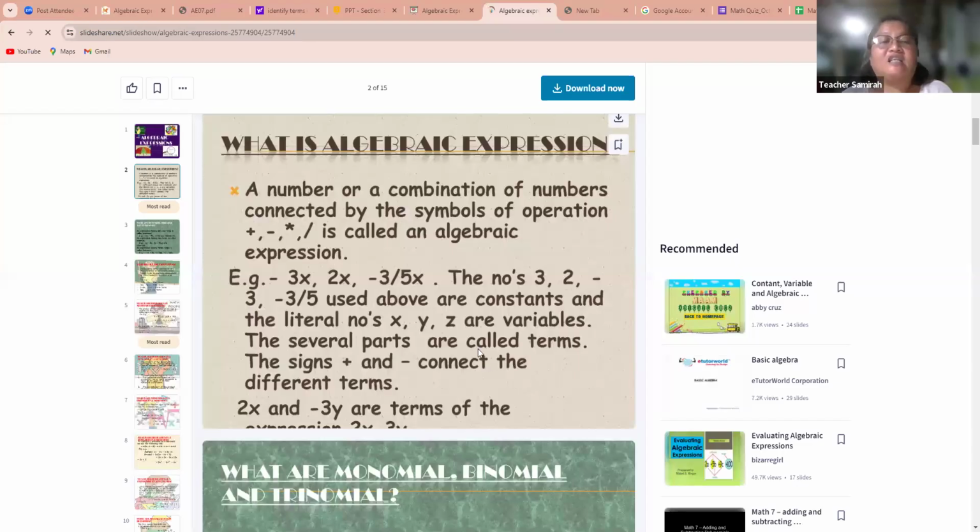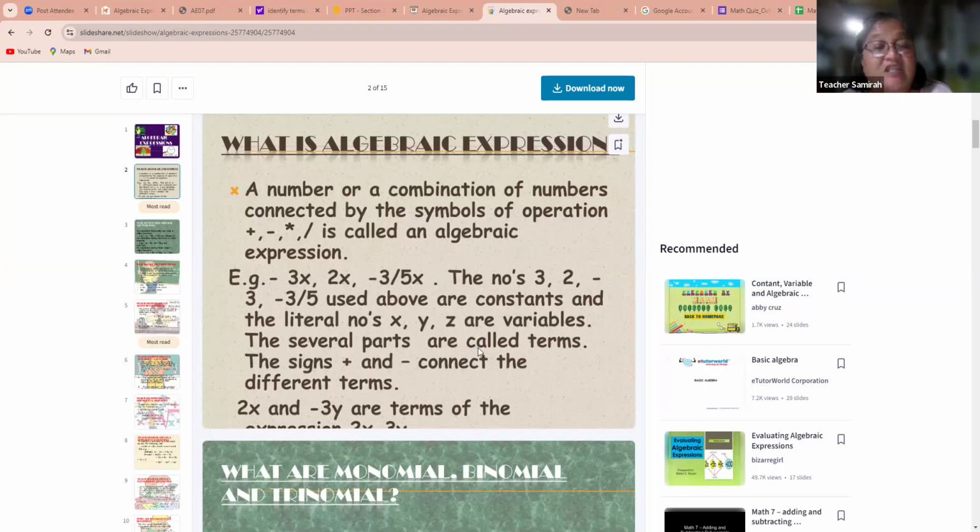We all know that an algebraic expression is a number or a combination of numbers connected by the symbols of operation. What are the symbols of operation? Addition, subtraction, multiplication, and division. It is actually called an algebraic expression. What are examples of algebraic expressions?